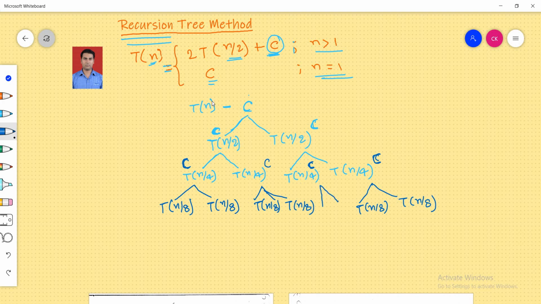Why are we doing c amount of work? You can analyze this recurrence relation as follows: if we do c amount of work on this node T of n, then we can divide this T of n into two nodes, T of n by 2 and T of n by 2.